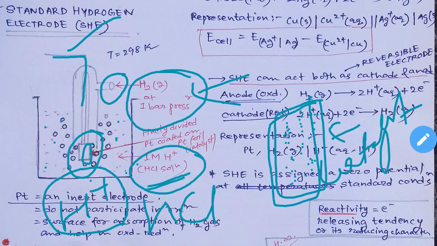Normally HCl solution is taken, so the concentration of H plus should be 1 molar. Because HCl gets dissociated into H plus and Cl minus, there will be a concentration of 1 molar H plus ions in the beaker, and that is very much needed.